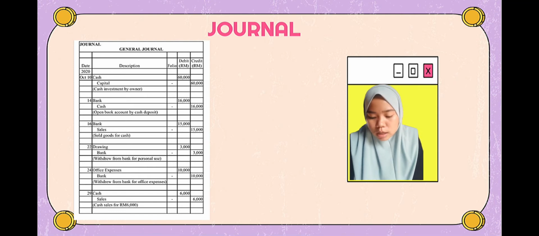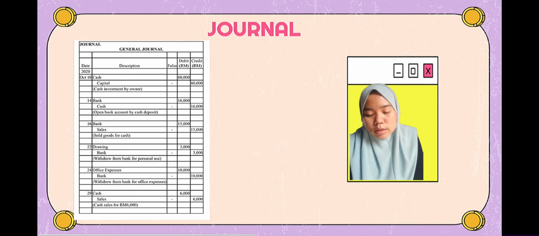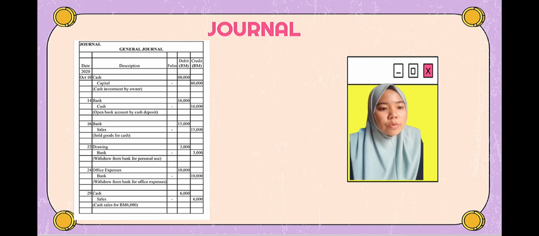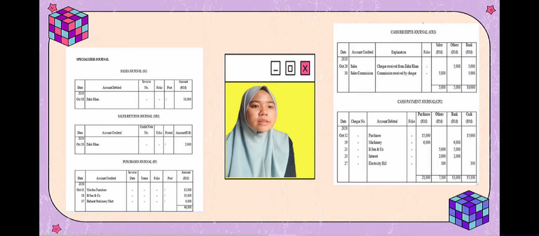On 24 October, office expenses debit 10,000, bank credit 10,000, for office expenses. On 29 October, cash debit 600, and sales credit 600. Next, I want to present about the sales journal.